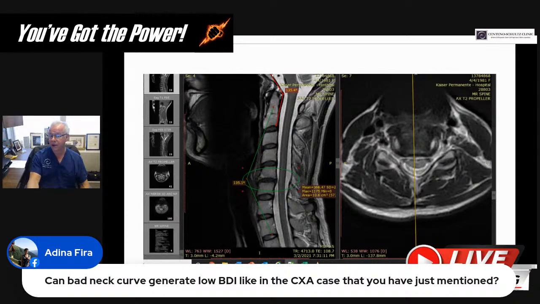Because if we take 100 people off the street and do MRIs of their necks, we're going to see all sorts of things. We're going to see Chiari malformation, for example. We're going to see low BDIs. We're going to see grab oaks that look abnormal, etc. So an MRI measurement by itself in this field is generally useless until it's combined with other evidence to generate a working hypothesis about what's causing the symptoms.